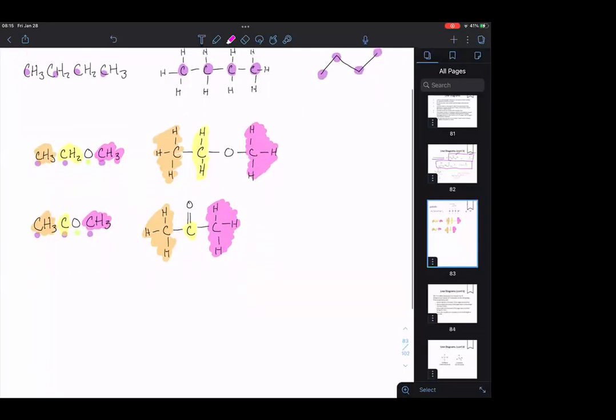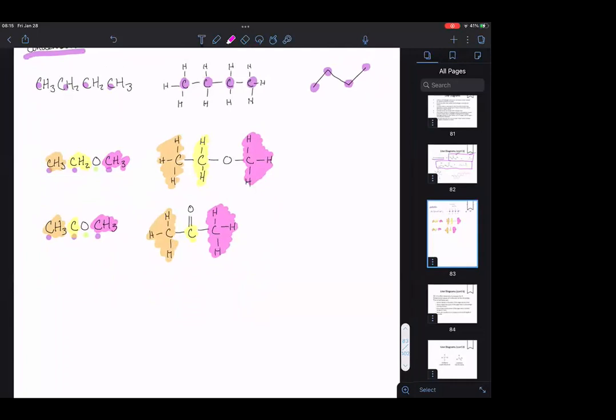The other thing is, truthfully, you just get good at spotting common patterns. So something like CH3COOH. The COOH is something that we're going to learn is called a carboxylic acid, but that looks like this. There's my CH3, COOH.